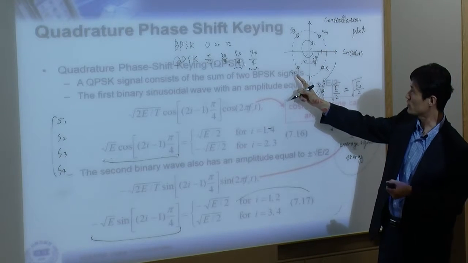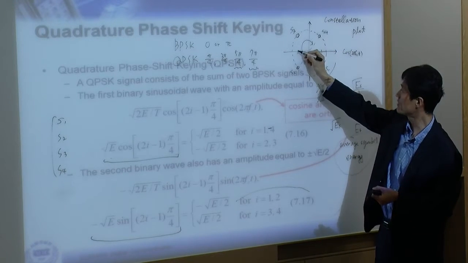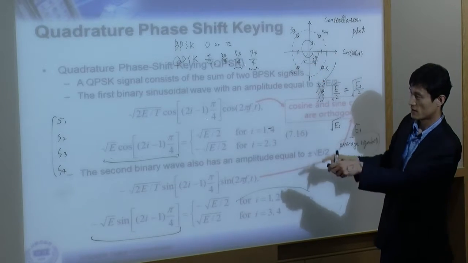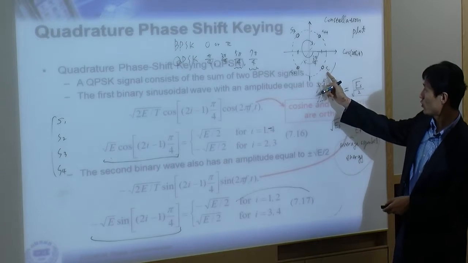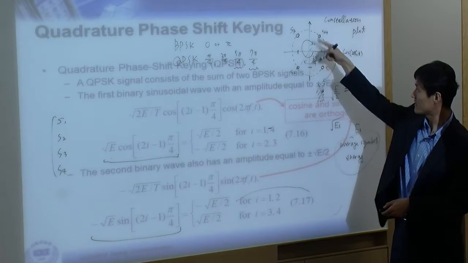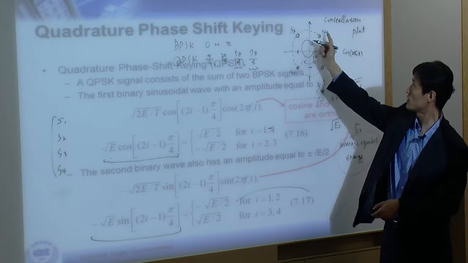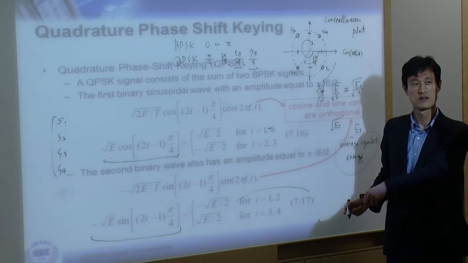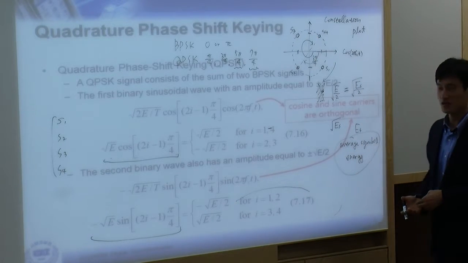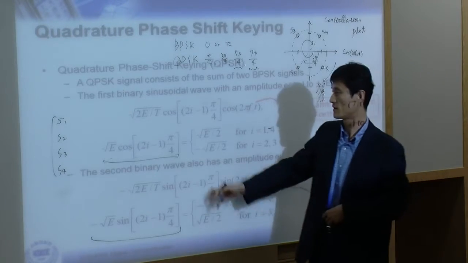But when I equals 2 or 3, your cosine will be negative. Same thing for sine. When I equals 1 or 2, you get a negative sign. When I equals 3 or 4, you get the positive sign. So that's what you have here. Nothing difficult.